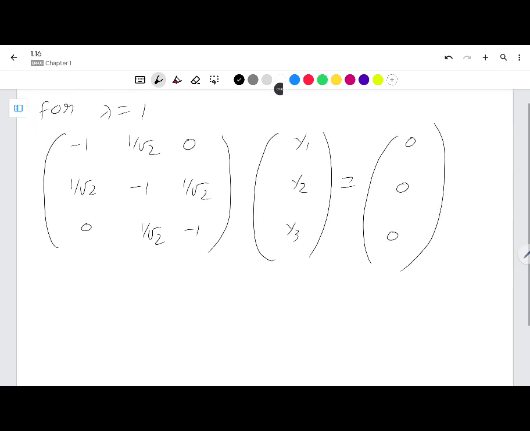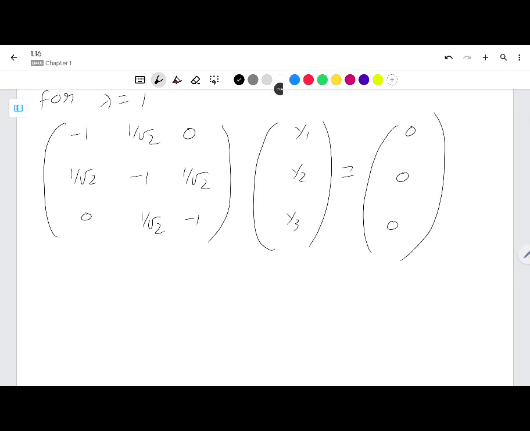Okay. So again we have minus y1 plus 1 by square root of 2 y2 equals to 0.